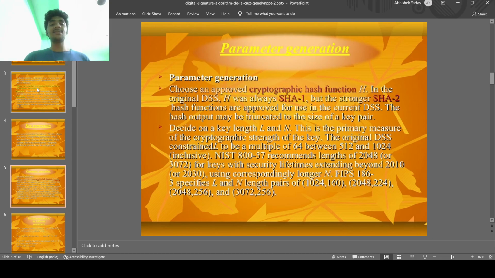The original DSS constrained L to be a multiple of 64 between 512 and 1024, and then NIST 800-57 recommends lengths of 2048 or 3072 for keys, with security lifetimes extending beyond 2010 or 2030, using correspondingly longer N. FIPS 186-3 specifies L and N length pairs like (1024, 160) and (2048, 224), etc. This is how the constraints on the key length evolved.